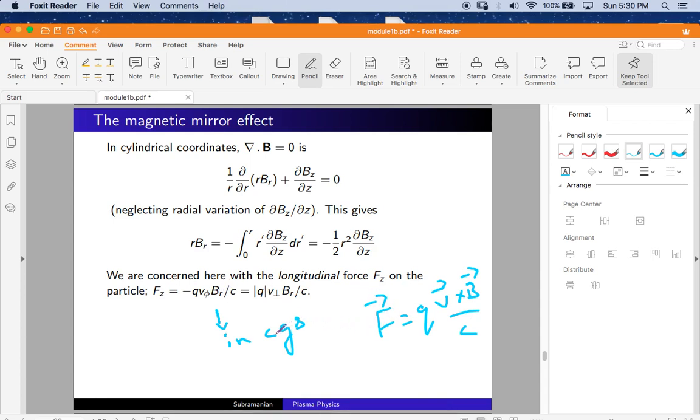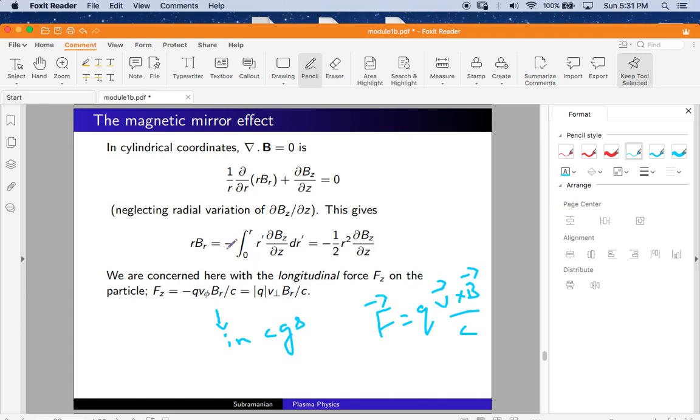All right. The q, you just take the modulus of q to get rid of this pesky negative sign, and the v_phi we simply call v perpendicular. It's perpendicular to z, so anything along z we call parallel, and anything perpendicular we call perpendicular. And we retain this B_r. You know what we're going to do next?